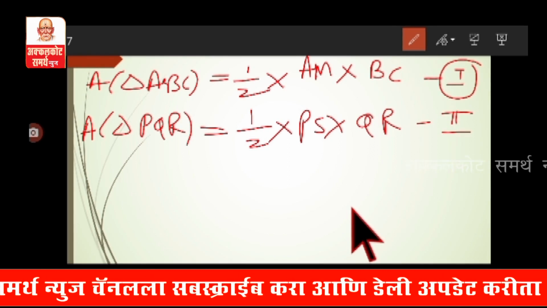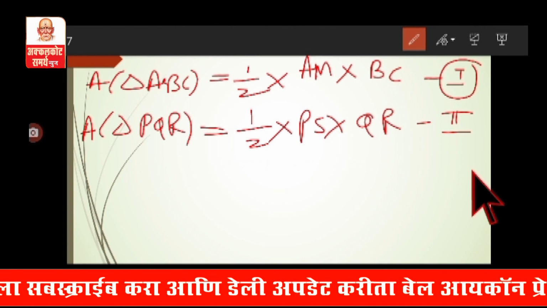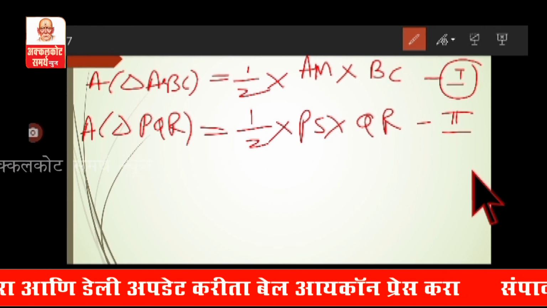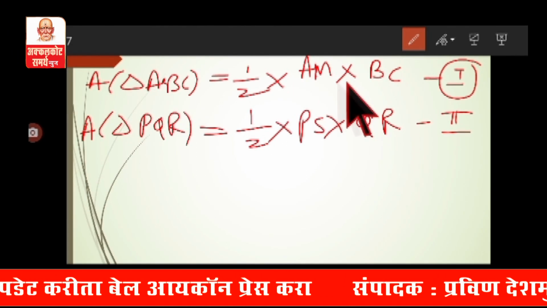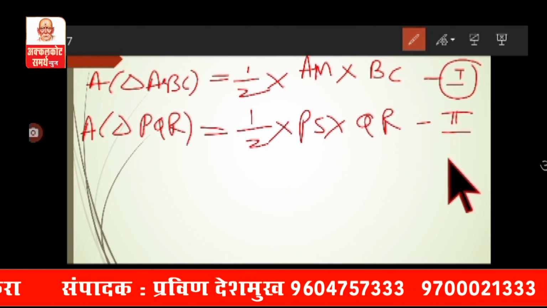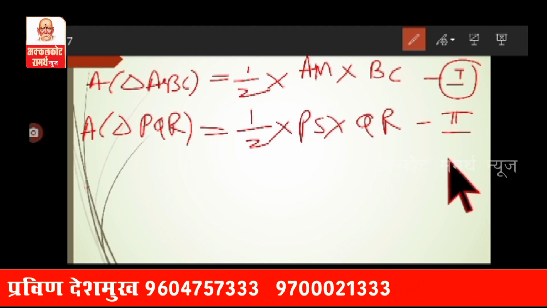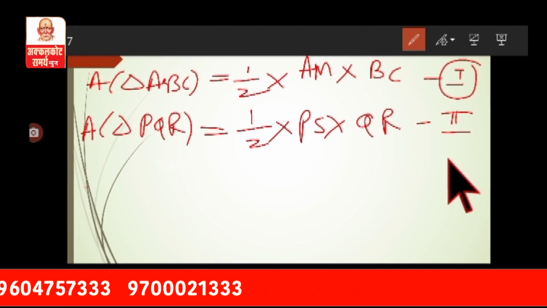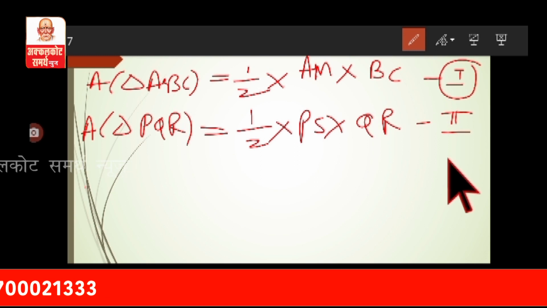So now if you want to divide these two equations, so what? Equation means this is the left hand side, this is the right hand side. Here also LHS and RHS. So we have to divide LHS by LHS, RHS by RHS.